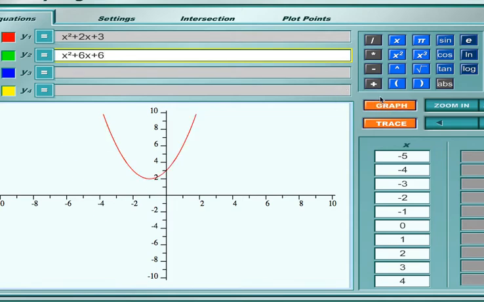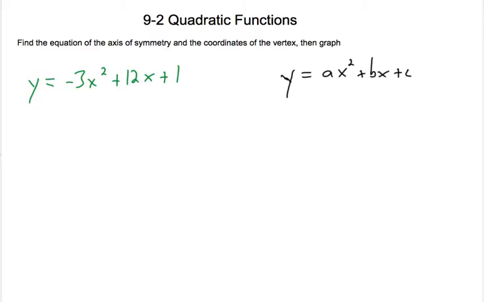If we went to graph this, it's kind of way out of the way. So if we started graphing points like -2, -1, 0, 1, and 2, we're only catching the right side of this graph here, and we're not going to see where the vertex is, and we're not going to know where the axis of symmetry is. And so we need a way to figure out where the axis of symmetry is before we start to graph. So that's what we're going to learn today.